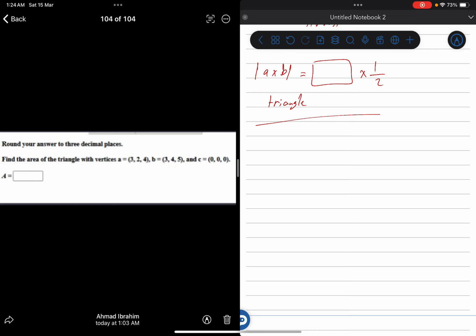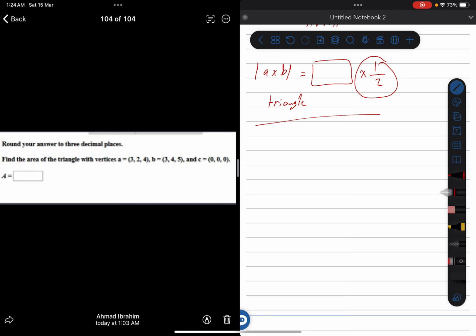If he asks about the area of rectangle, you do the same thing but without multiplying by half.